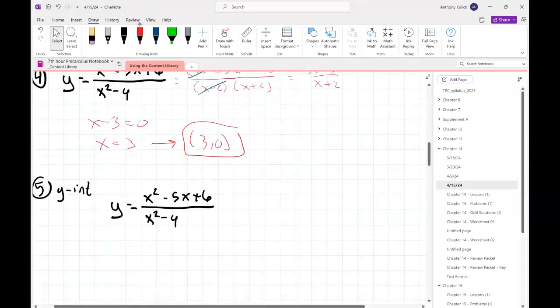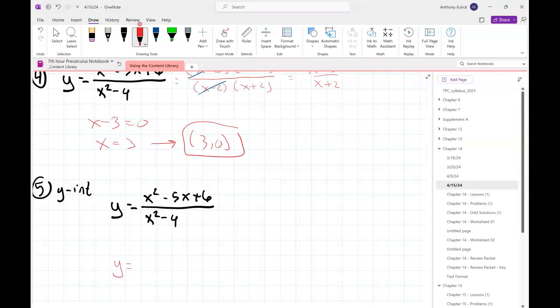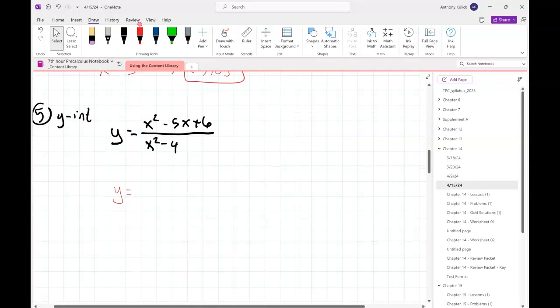Y-intercept. How do I find the y-intercept? What is a y-intercept? Graphically, what is that? It's where it crosses the y-axis, right? What is the x-coordinate for any point on the y-axis? 0.